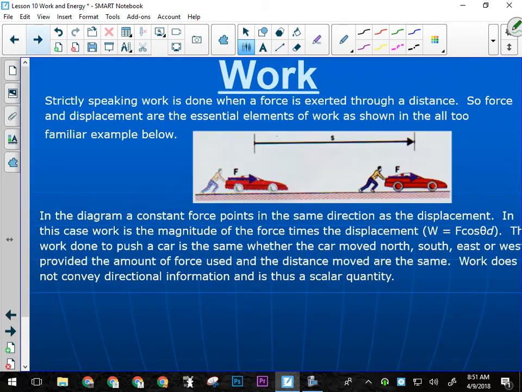Strictly speaking, work is done anytime a force causes an object to move through a distance. If the object doesn't move, then no work is done, because it is impossible to change the mechanical energy of an object without it moving. Everyone kind of follow me there? If I push on this wall, maybe it does get a little bit of energy. It does move a little bit.